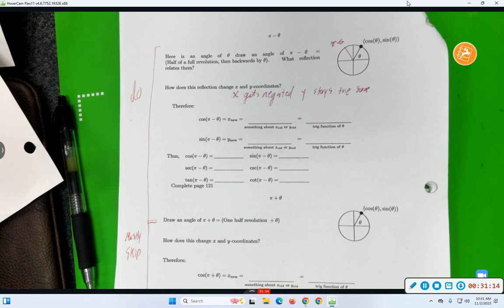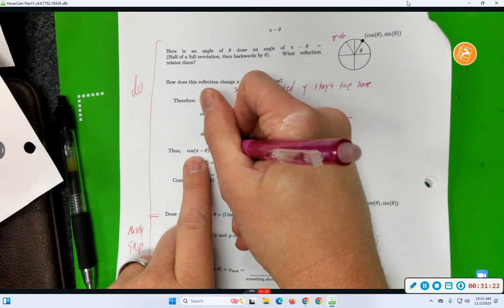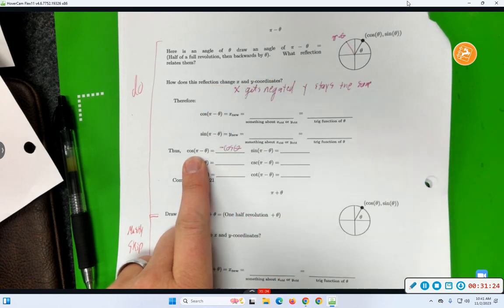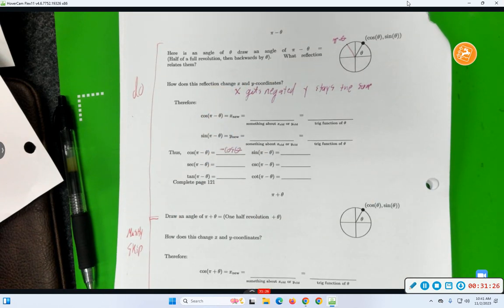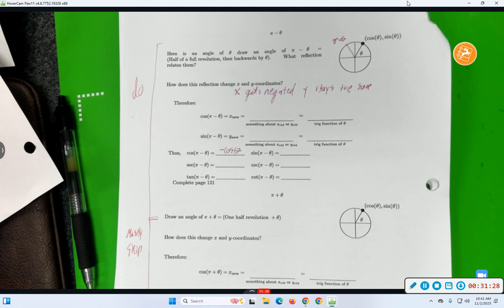How does cosine change? It becomes negative. Cosine of pi minus theta is negative cosine theta. Sine of pi minus theta is sine of theta. Sine is the y coordinate. The y coordinate didn't change.